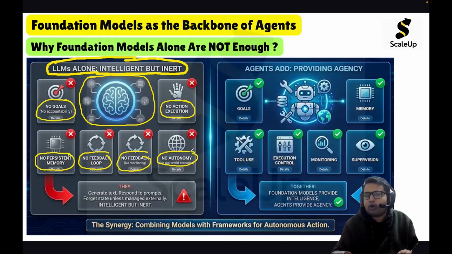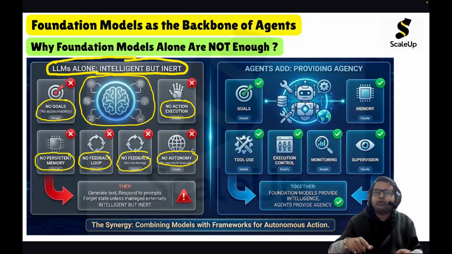And it does not have any autonomy. Autonomy means it cannot act on its own or make a plan on its own. You have to tell it what you want, and it will give it to you, and at the next step you tell it what you want again. So every step you have to give your intent, and a large language model on its own does not have any autonomy.